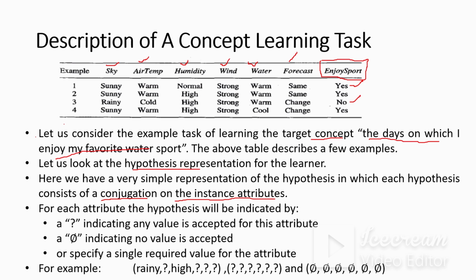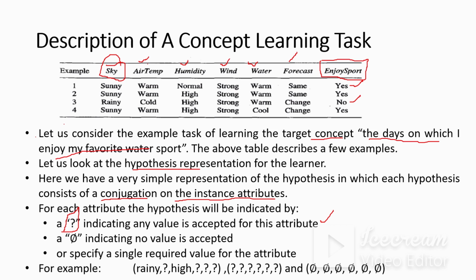Now in this hypothesis, each attribute, for example sky or air temperature, can have different possible values. The attribute can have a question mark, which indicates any value is acceptable for this attribute.